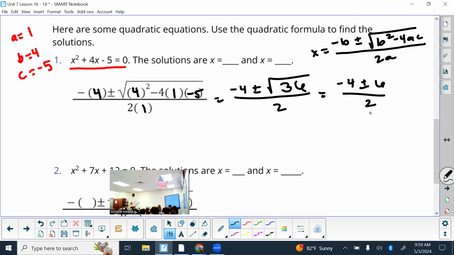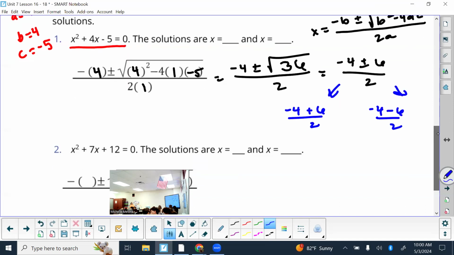When it looks like this is where I break it up into the two separate problems. One where it's -4 plus 6 over 2, and one where it's -4 minus 6 over 2. So it's -4 plus 6.